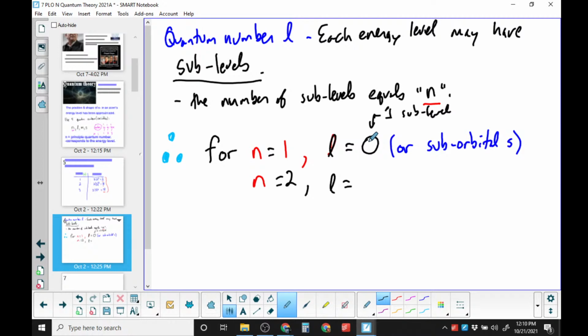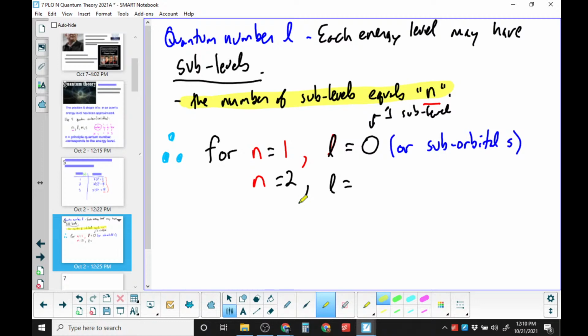How many sublevels if N is equal to 2? Valerie? Say it again. Did you say 8? That's a lot. The number of sublevels equals N. What does N equal? 2. So how many sublevels are there?